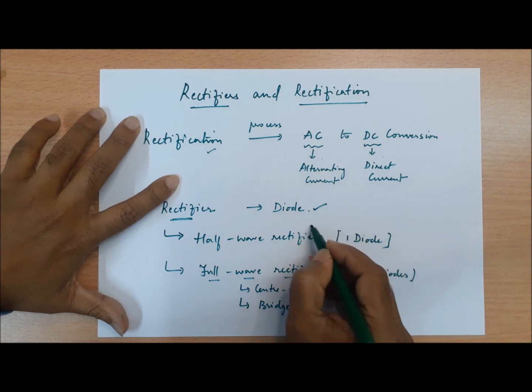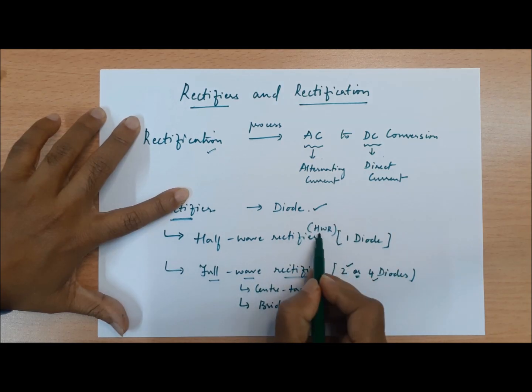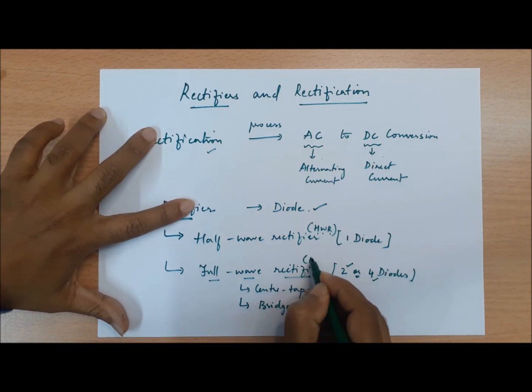signal. In short, usually we denote half wave rectifier as HWR, and a full wave rectifier is usually denoted as FWR.